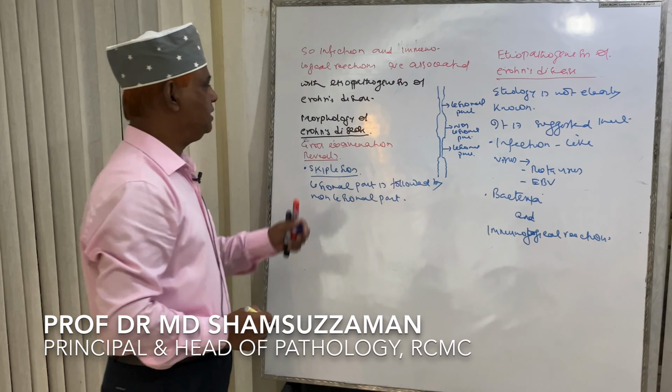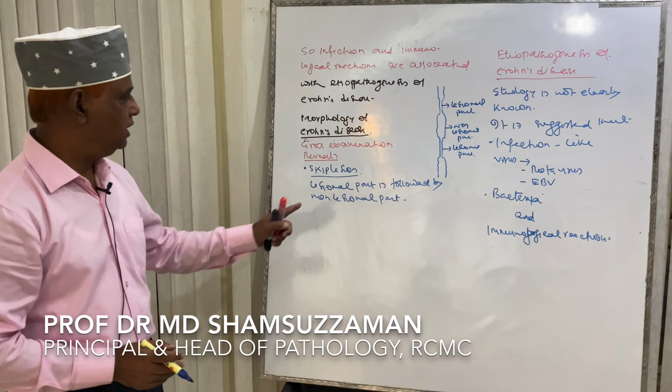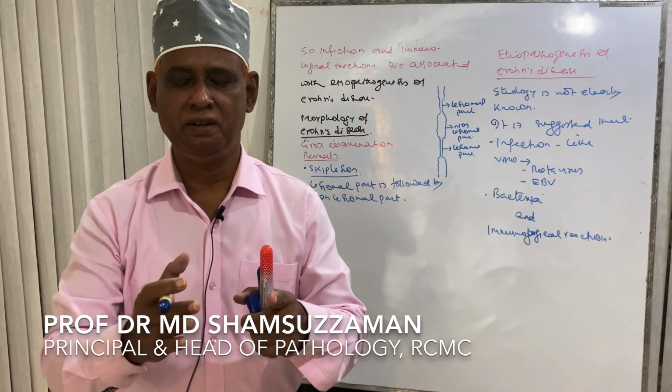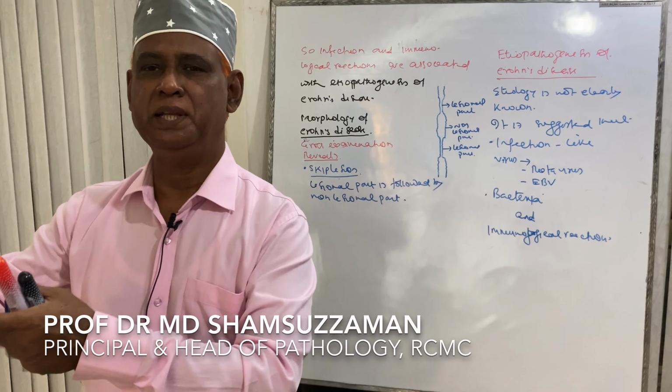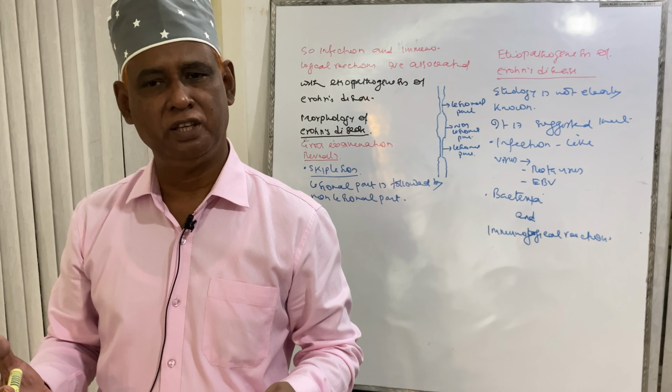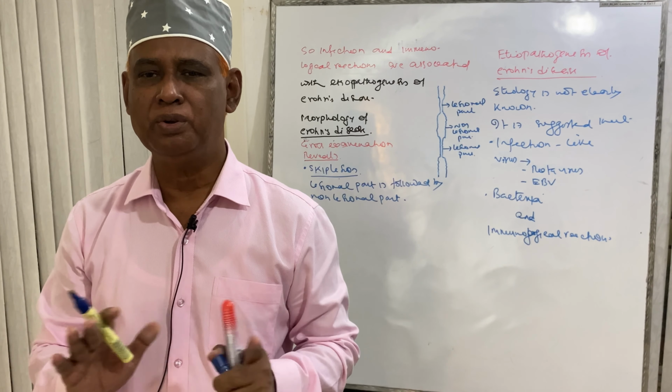This is known as skip lesion. The lesion is not continuous. Rather, one part is affected, then an unaffected part, again an affected part, and then an unaffected part.